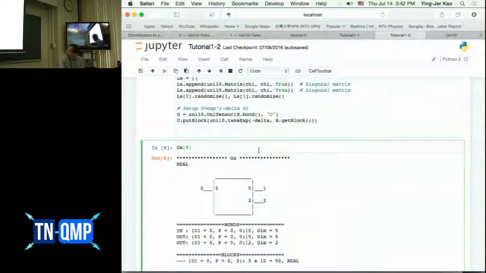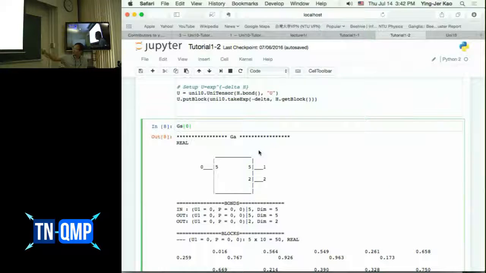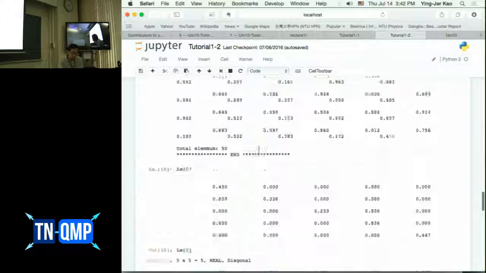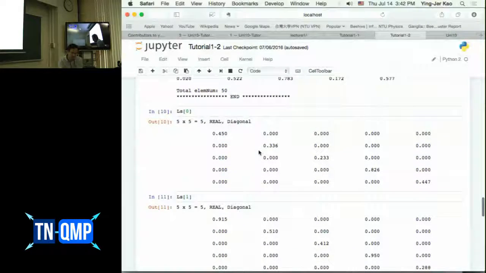So this is my gamma A tensor. Okay, so it doesn't look like what we used to in the MPS form, but just imagine one of the layers coming down. And this is gamma B, and this is our lambda.